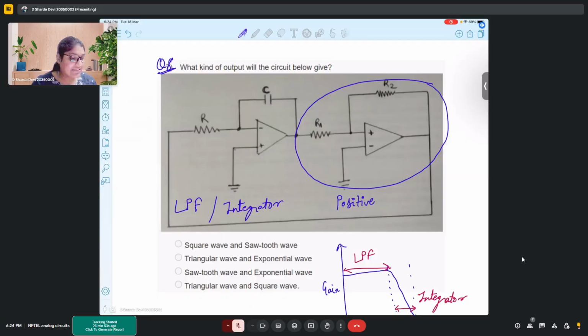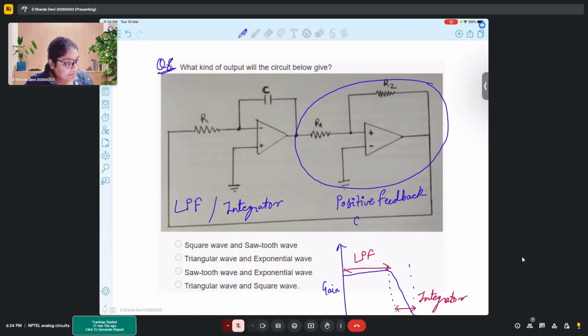Now, two resistors have been connected back to back, but in positive feedback. Then what kind of circuit is this? This is a Schmitt trigger, right?